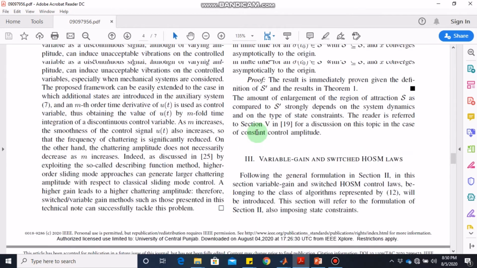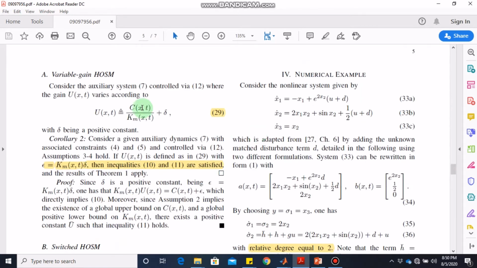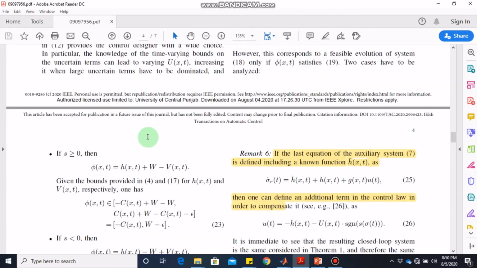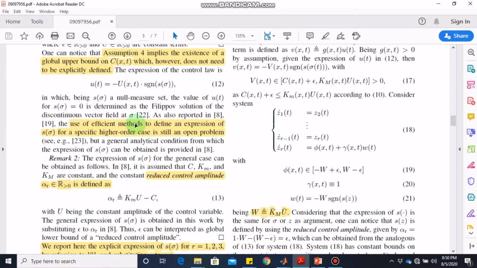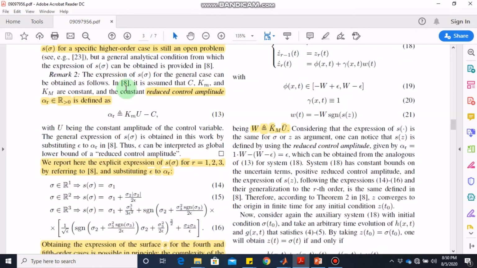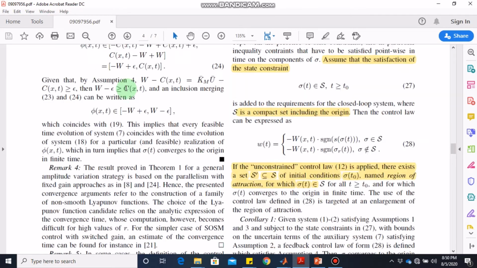One is the variable gain higher order sliding mode control, which is equation 29. In variable gain higher order sliding mode control, the control law is given by equation 12, but within equation 12, capital U is given by equation number 29.